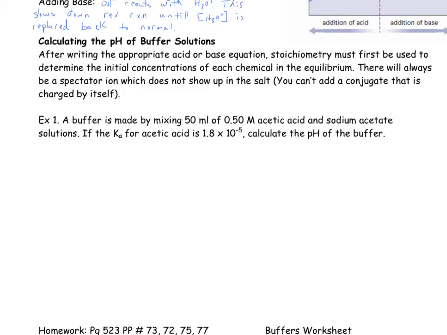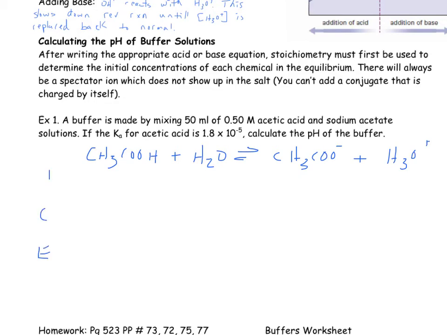We'll start by writing the equilibrium equation for acetic acid reacting with water. If I find the hydronium concentration at equilibrium, that will give me the pH of my buffer.